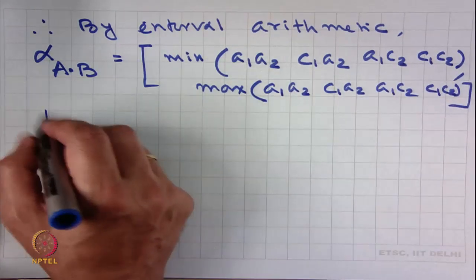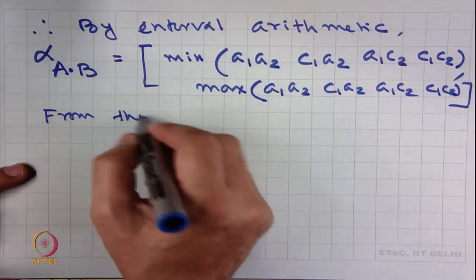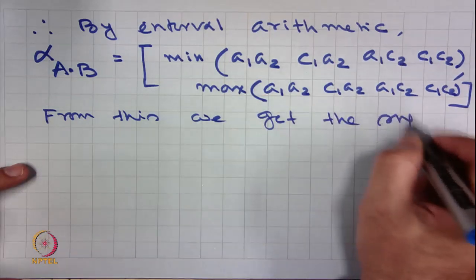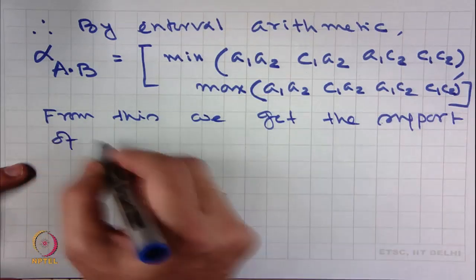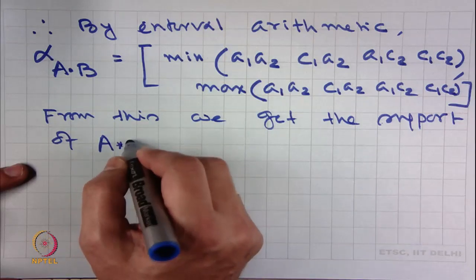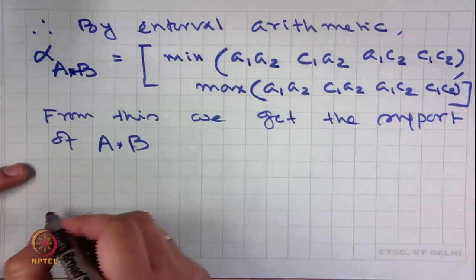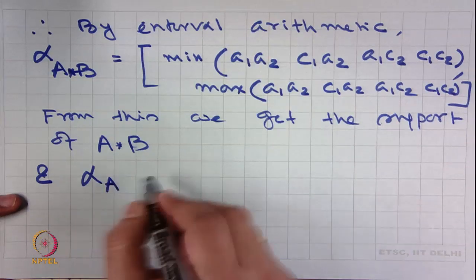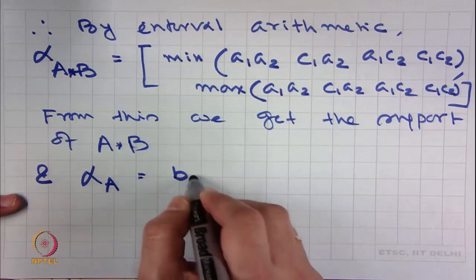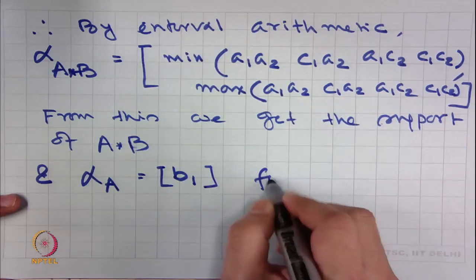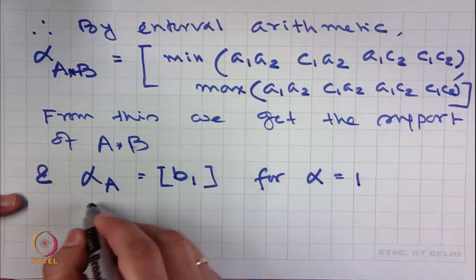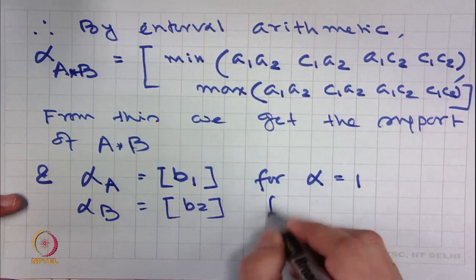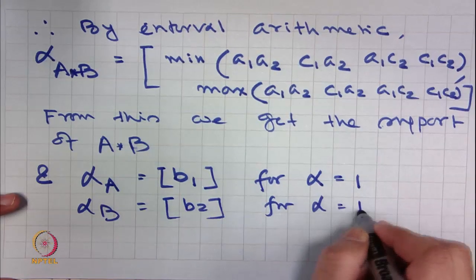So, from this we get the support of A star B, and alpha cut of A is equal to B1 for alpha is equal to 1 and alpha cut of B is equal to B2 for alpha is equal to 1.